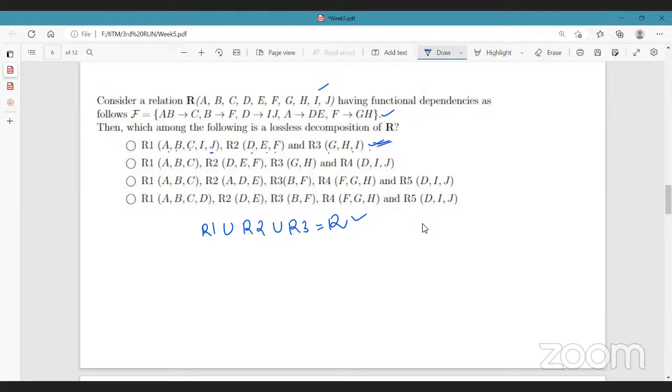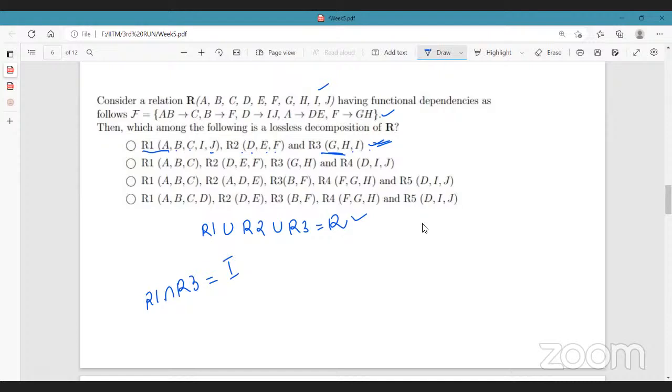Then we'll head to the next rule, which was performing an intersection and getting a common key, right? So here we will check for R1 and R2. Because in R1 and R2 there are no common attributes, right? So at first we will check for R1 and R3. When we perform an intersection between R1 and R3, we get I. Yes, that's right.